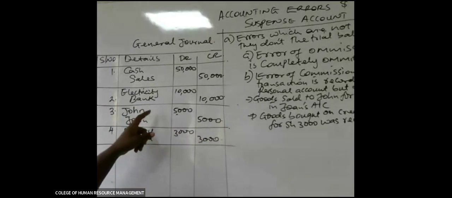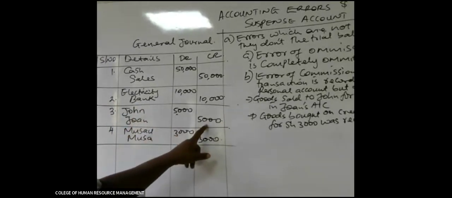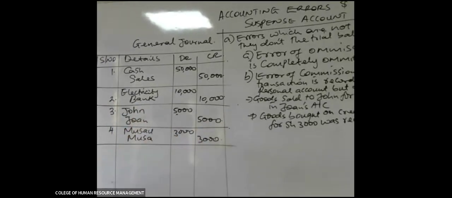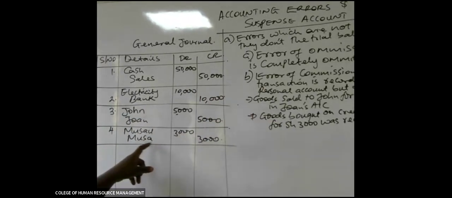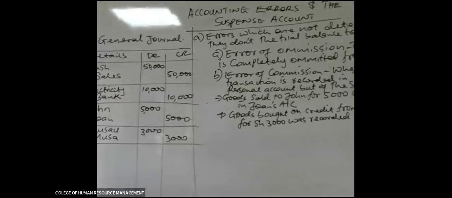So if the customer who was debited was the wrong one, we reverse by crediting. But when we purchase, the supplier is a liability, we normally credit the account. So if we credited Musau, then we shall have to debit him to cancel. Then now we credit the correct person who is Musa. That is an error of commission.